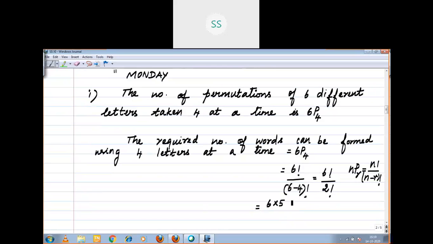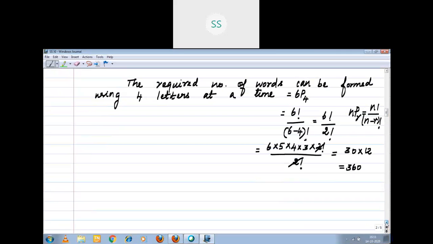The numerator only you can expand, right, based on the denominator. Now, which is equal to 6 into 5, 4, 3 into 2 factorial divided by 2 factorial, which is equal to 30 into 12, 360.